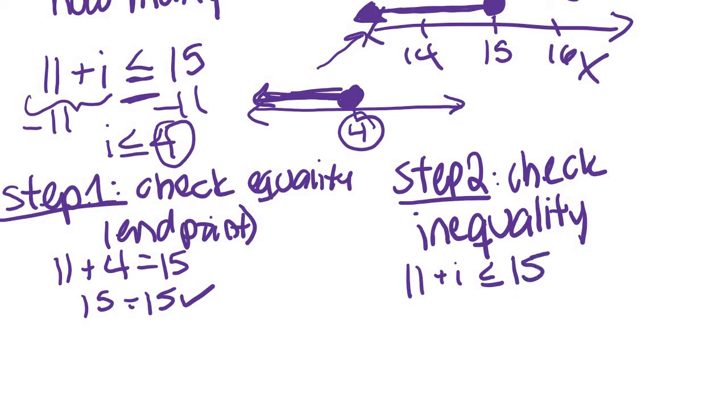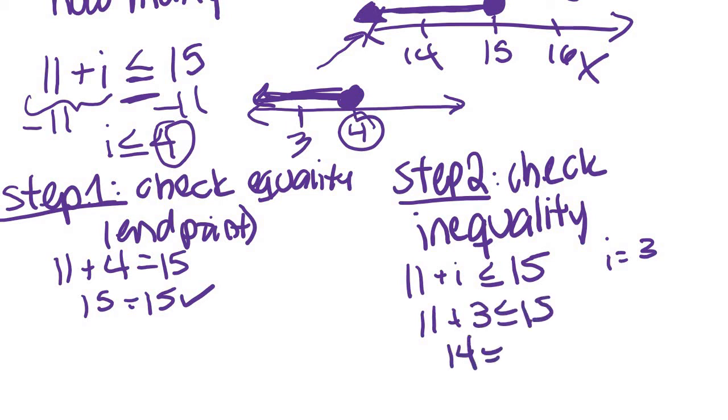And we're going to pick something over here for our i's, so let's go ahead and pick 3. 11 plus 3 is 14. Is 14 less than or equal to 15? Yes, it is. So we are done and we are correct.